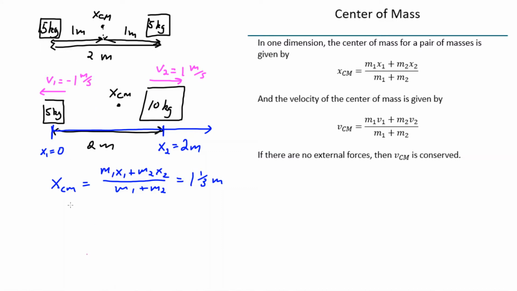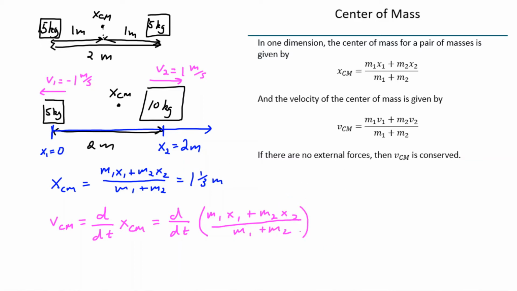Okay. So if I want to calculate the velocity of the center of mass of this system, well, the velocity of the center of mass is just the rate of change of the position of the center of mass. This is just the derivative with respect to time of x center of mass. This is d by dt of m1 x1 plus m2 x2 over m1 plus m2.